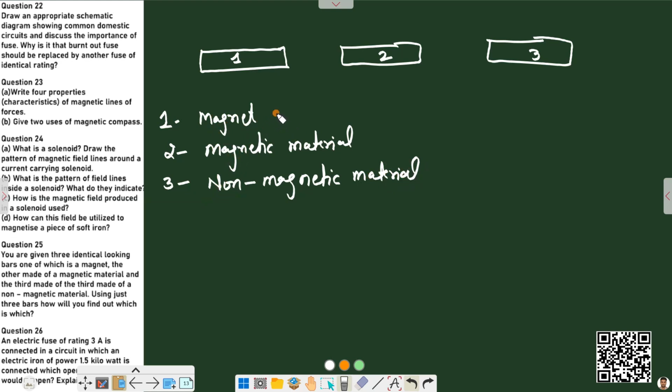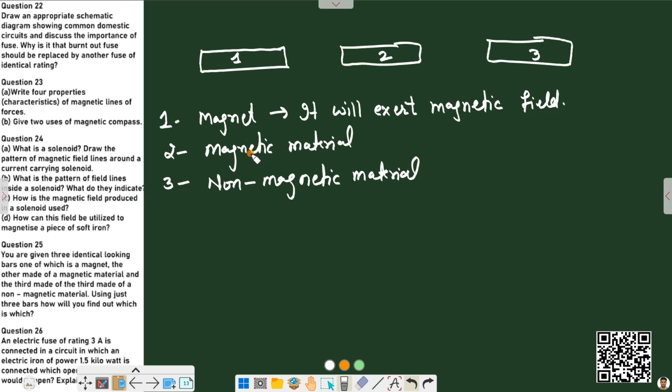When we have something made of magnet, what will it do? It will exert a magnetic field, and it can attract and repel magnets and magnetic material.